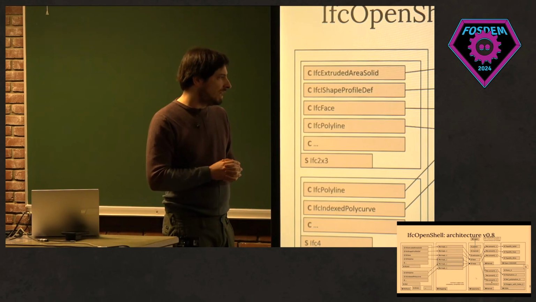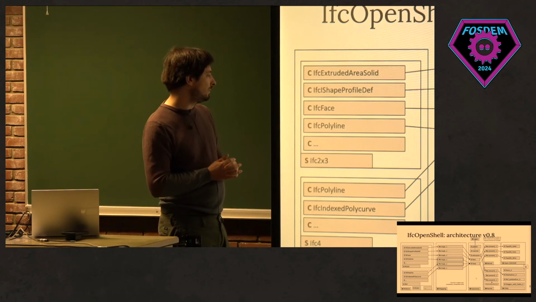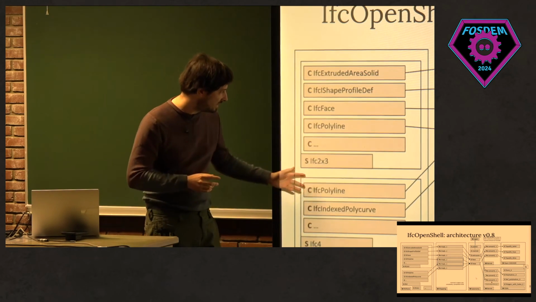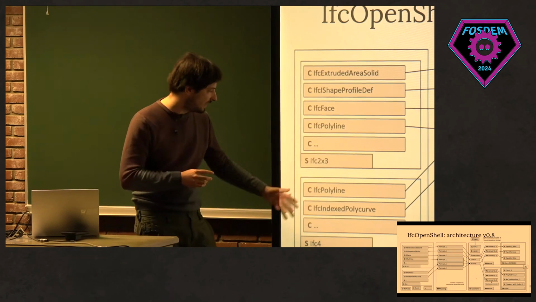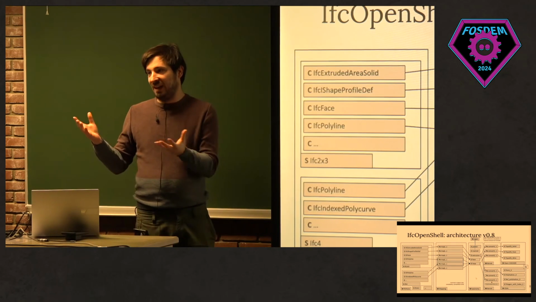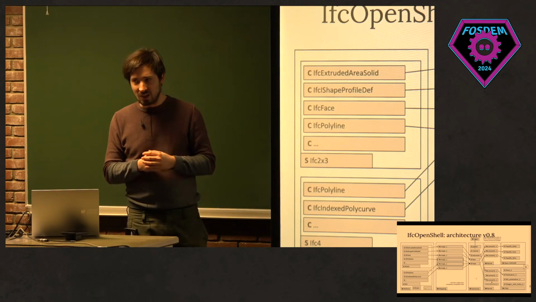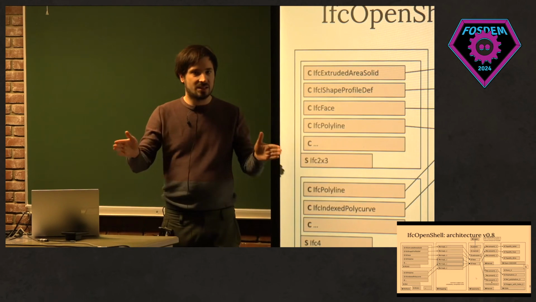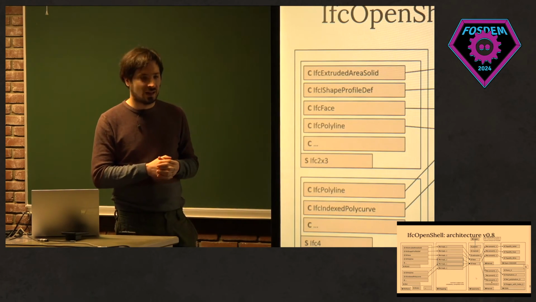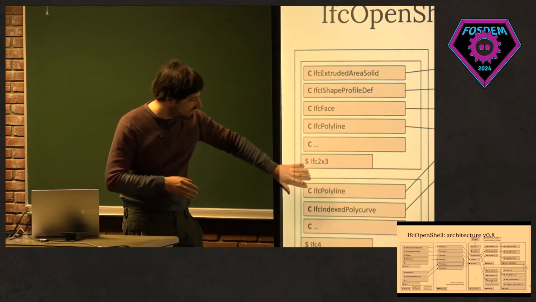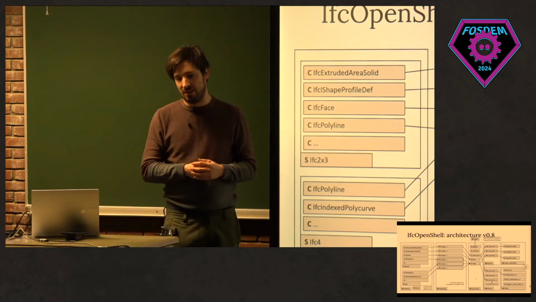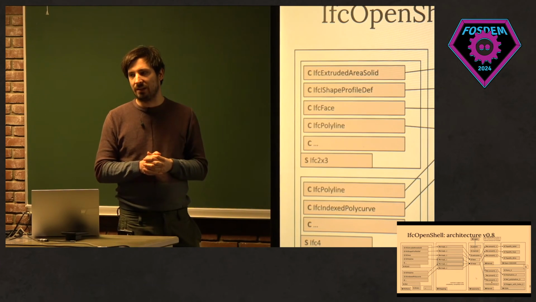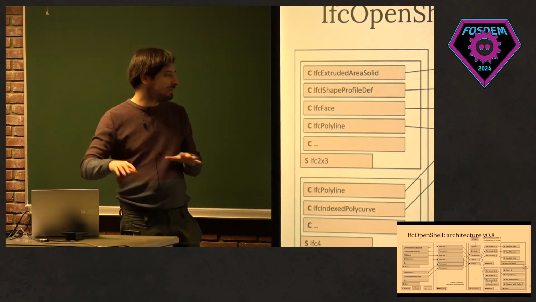But I haven't really found a way, for example, to account for the fact that these two classes, the polyline in 2x3 and the polyline in IFC 4, that they are, let's say, 99% compatible. So it also really dramatically increases the compiled size of my platform, because everything is compiled multiple times with slight variations to account for the different schema versions.